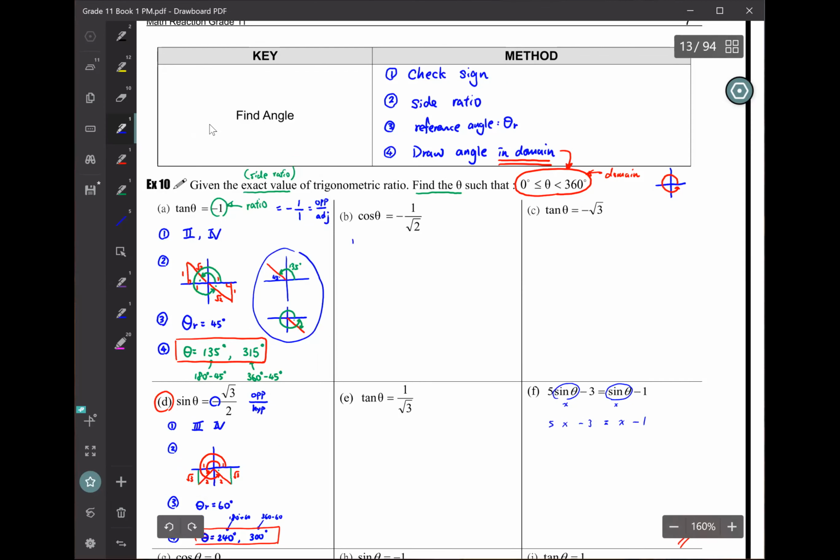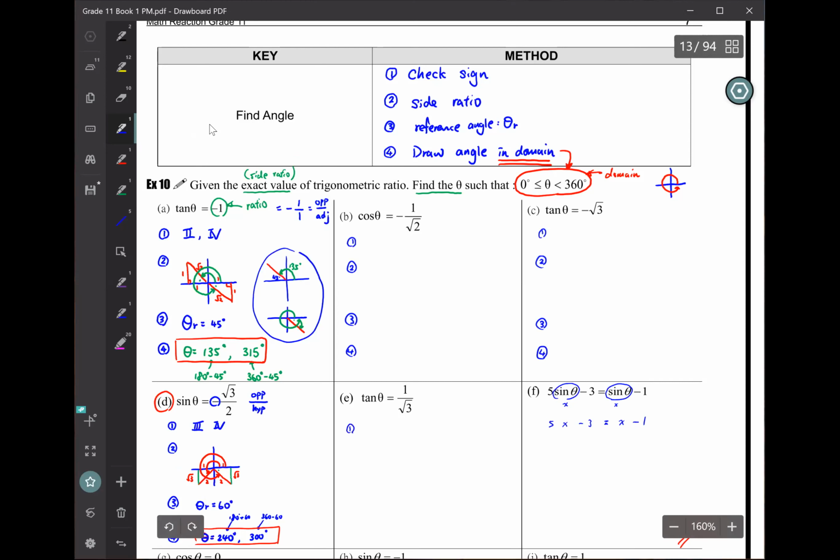So make sure you're showing all the steps, same with your homework. You don't need to label 1, 2, 3, 4, but you can still show the 4 steps. 1 and 2 you can combine, right? Because with the picture, it also tells me the quadrant, right?